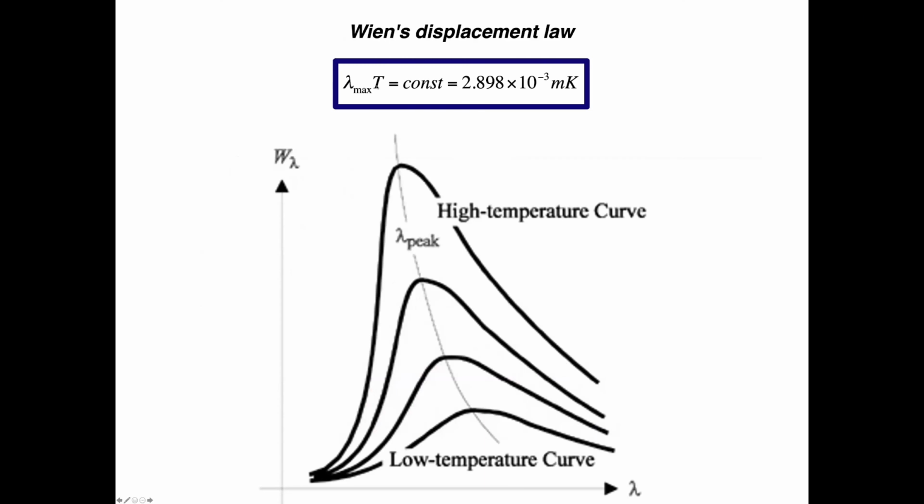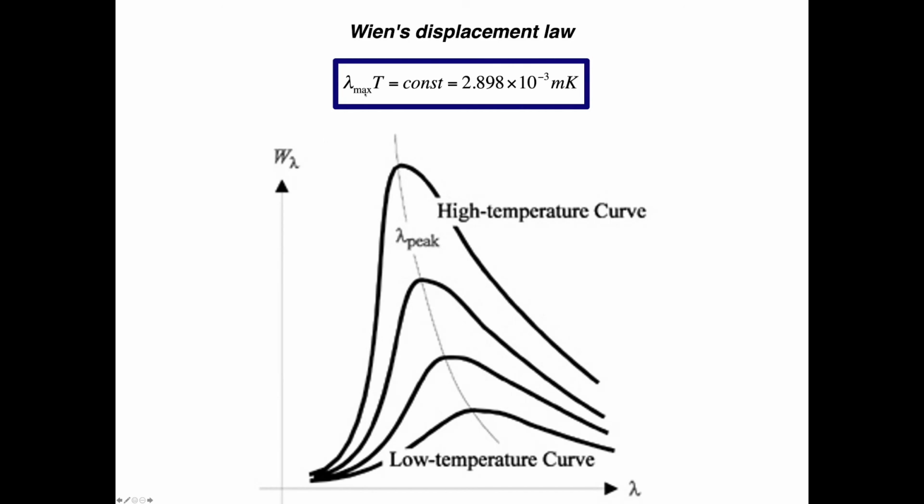Wien's displacement law states that the peak of the blackbody distribution times the temperature is constant. That means if the temperature goes up, the peak is going to be displaced to shorter wavelengths. And if you go down in temperature, the peak is going to be displaced towards longer wavelengths, lower energies. So the peak wavelength times the temperature is a constant, and this constant is given by this number. Here, m K, m is meter, and K is Kelvin.